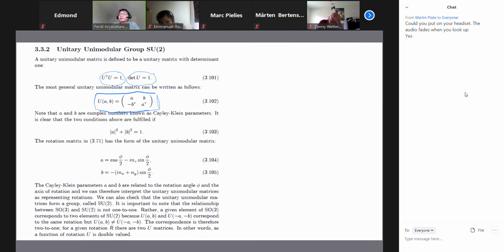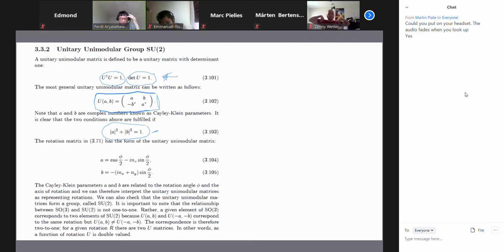They are usually called the Cayley-Klein parameters, and they fulfill the condition that |a| squared plus |b| squared is equal to 1. That then makes sure that it fulfills the definition of the SU2 matrices.